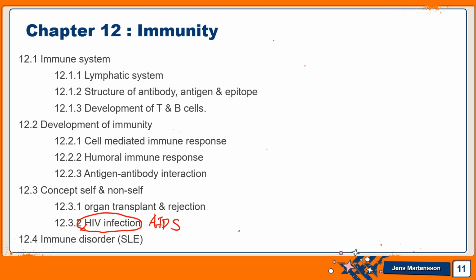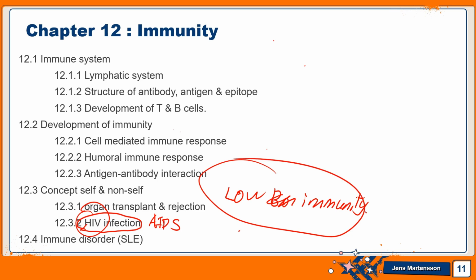Normally they won't die due to HIV. They die due to the low body defense system, low immunity. They die not because of HIV, but because their body immunity is very low.